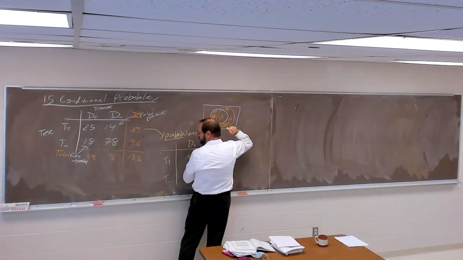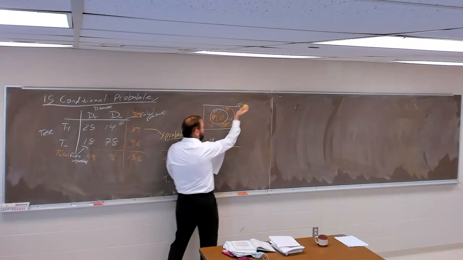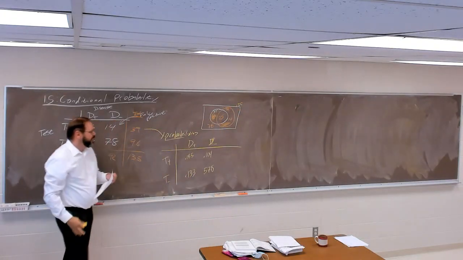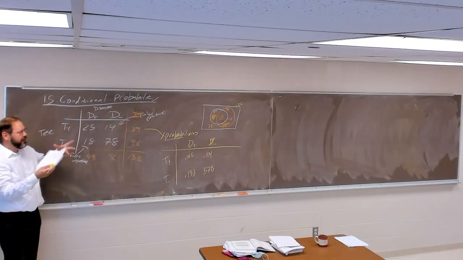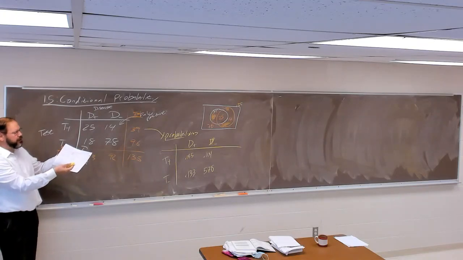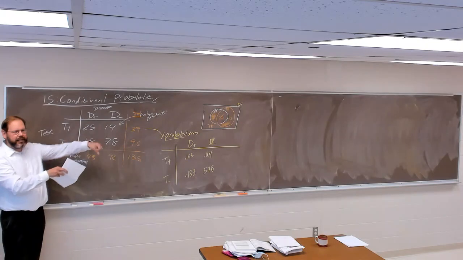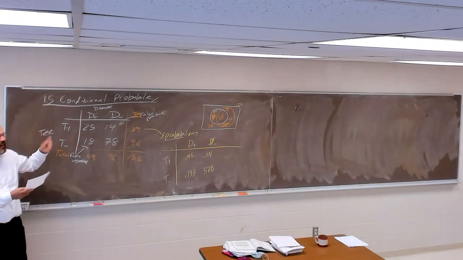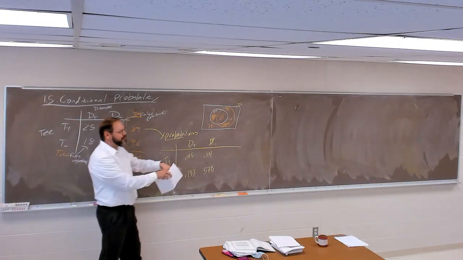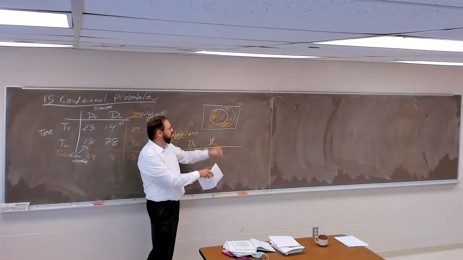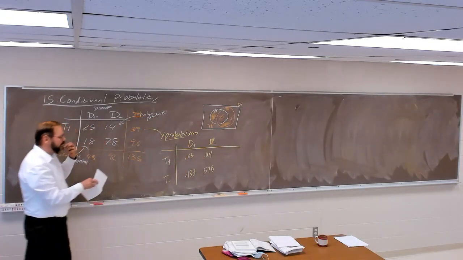Knowing that there were 135 total people in the population, those would correspond to, okay, I have this population of 135 people. I'm going to put their names in a bag, shake them up, and draw one out at random.